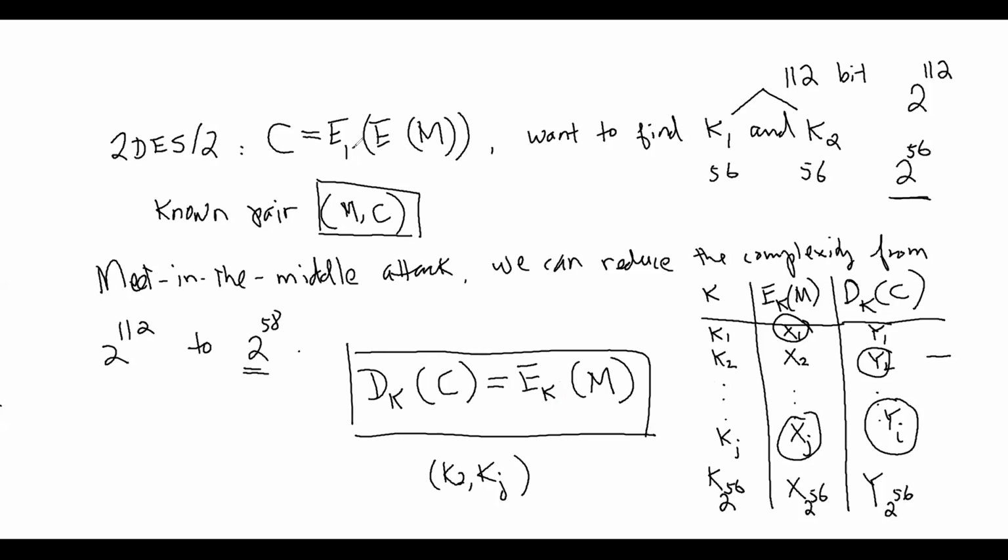So I'm going to say two keys. One is K, the other one is K prime. Okay, so this is K prime, this is K. So then for this K2, that is a candidate for K prime, K. So this is a candidate.